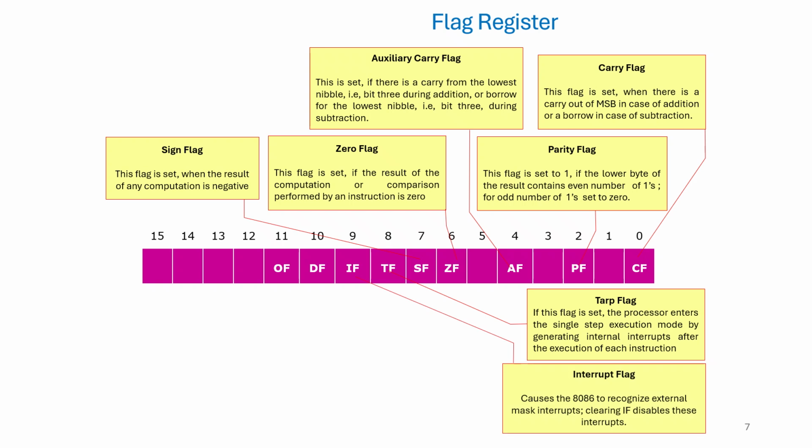The next one is called the interrupt flag. It makes the 8086 recognize whether the interrupts are masked or not. In interrupts, we have two different types: non-maskable interrupt and maskable interrupt. Maskable interrupt means the system has the privilege to decide whether to service the interrupt or not.